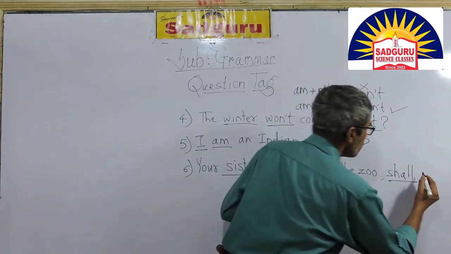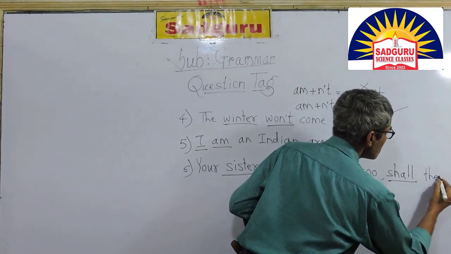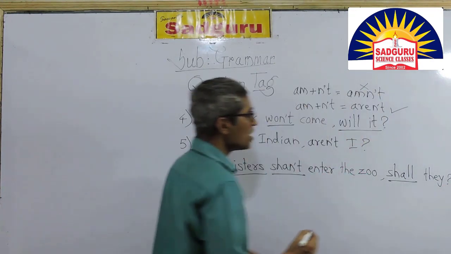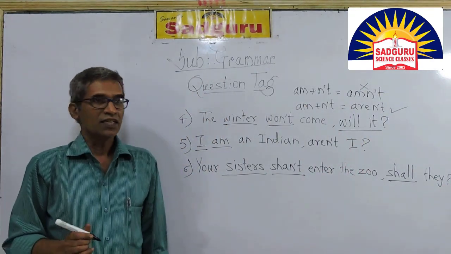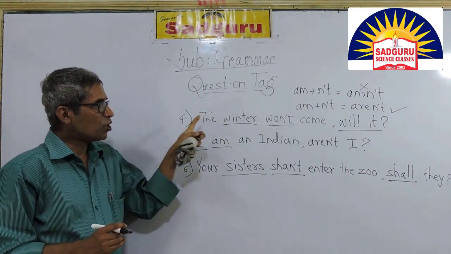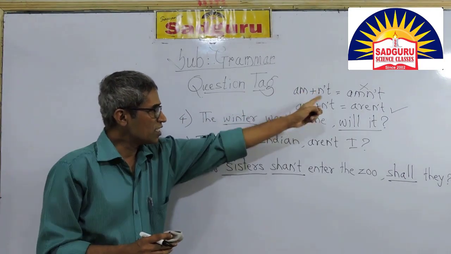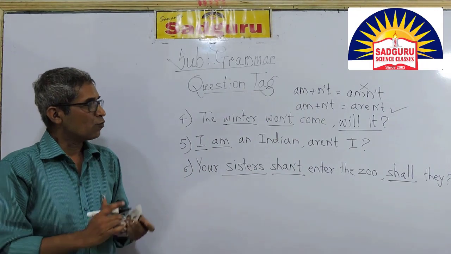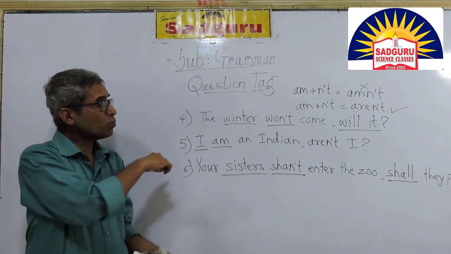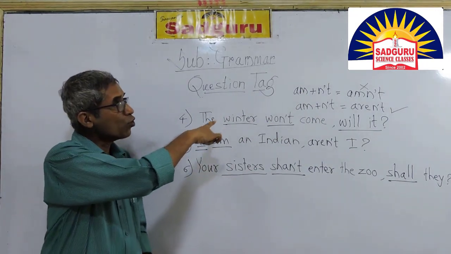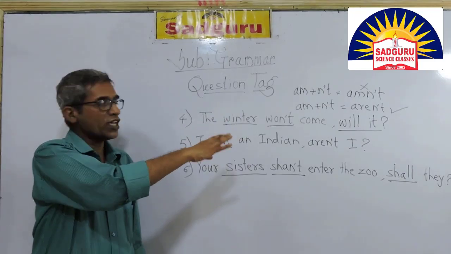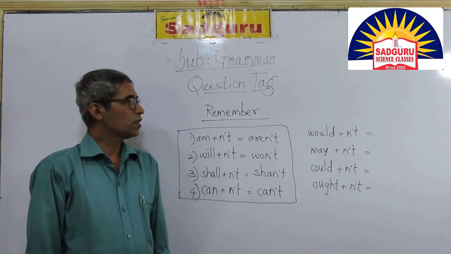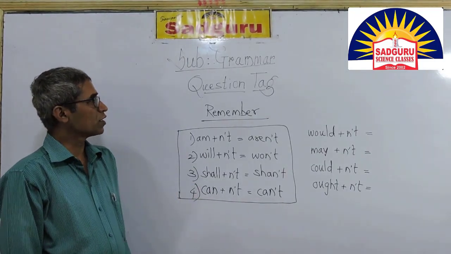So the pronoun for it is they. Shall they? Give careful attention to these things. We will learn something more about these combinations after this. So let's move to the next one.